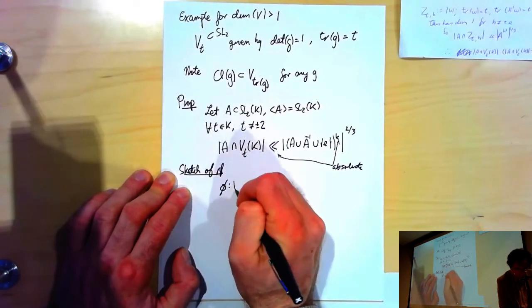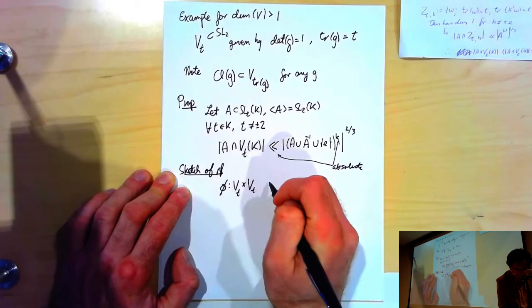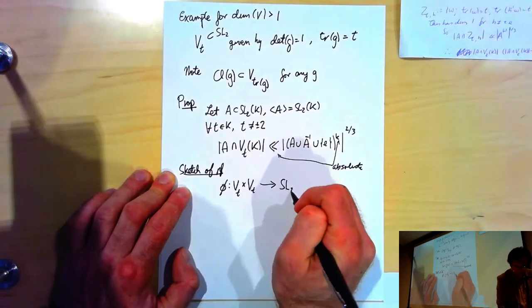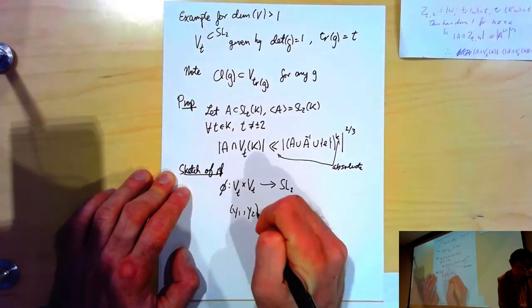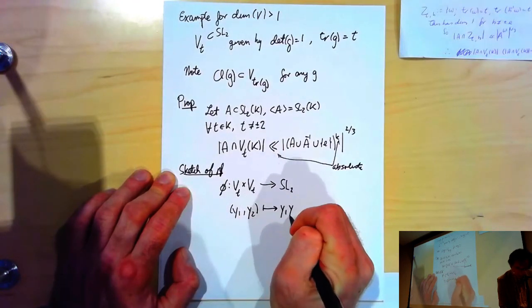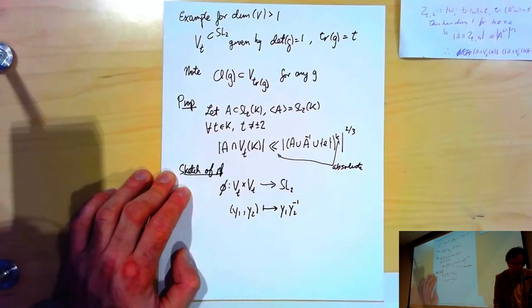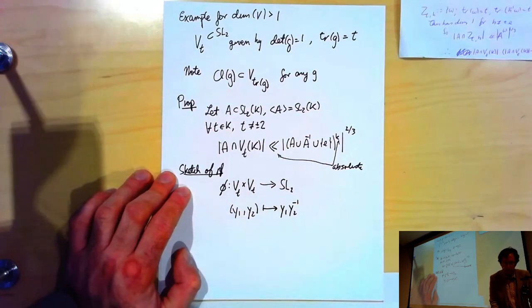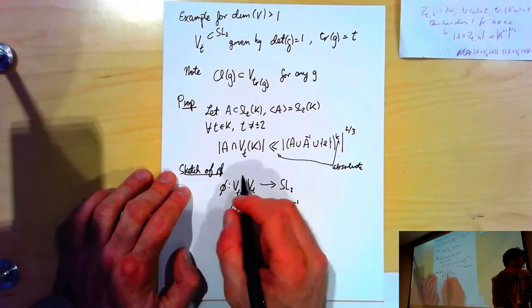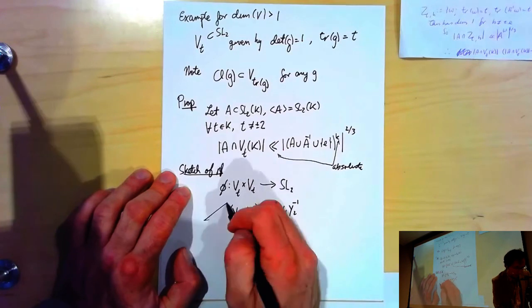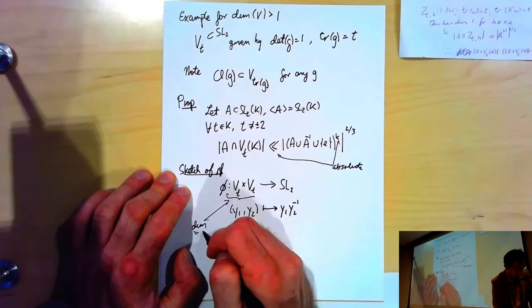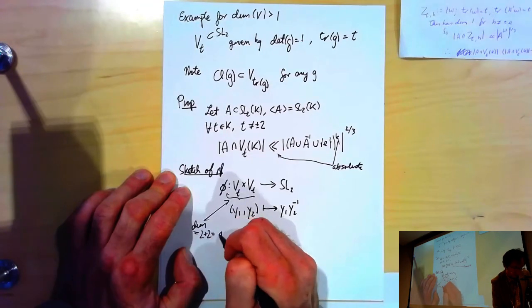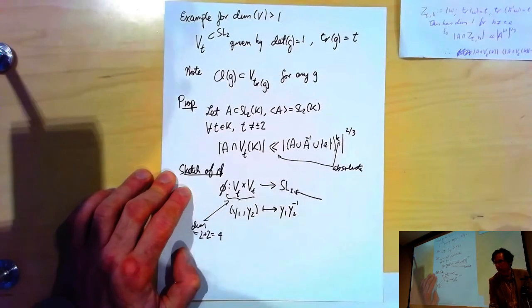So phi from V_t cross V_t to SL2, I'm going to define it quite cheaply as (y1, y2) gets mapped to y1 y2 inverse. Now, is this map injective? It doesn't have a hope of being injective because the dimension of the space here is the sum of the dimensions of V_t and V_t, so 2 plus 2 equals 4, whereas the dimension of SL2 is, of course, 3.